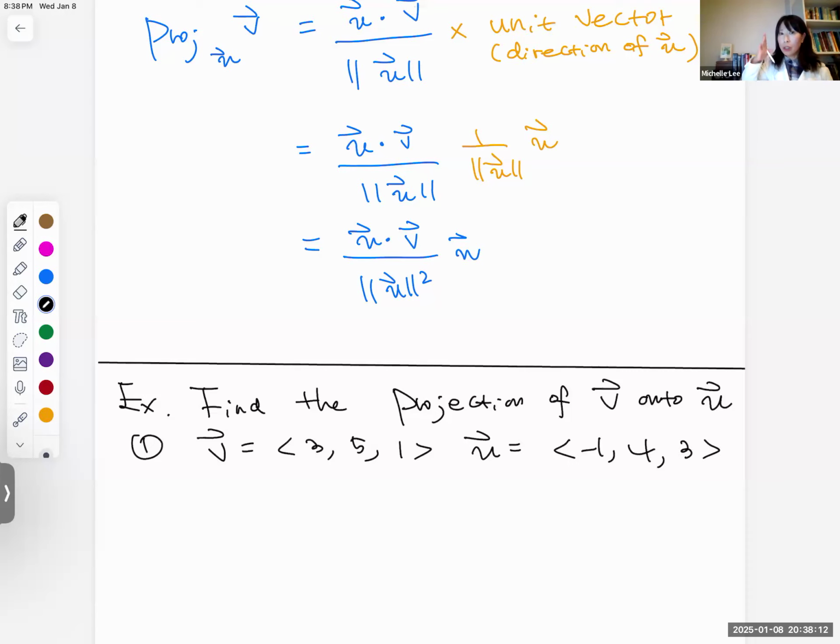We need to distinguish: if we don't have a hat, that means just a regular vector; if we have a U hat, that means a unit vector.